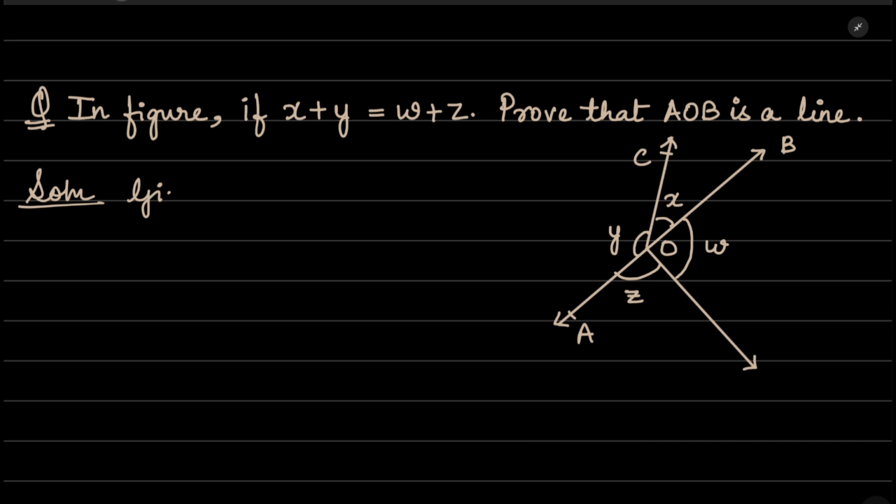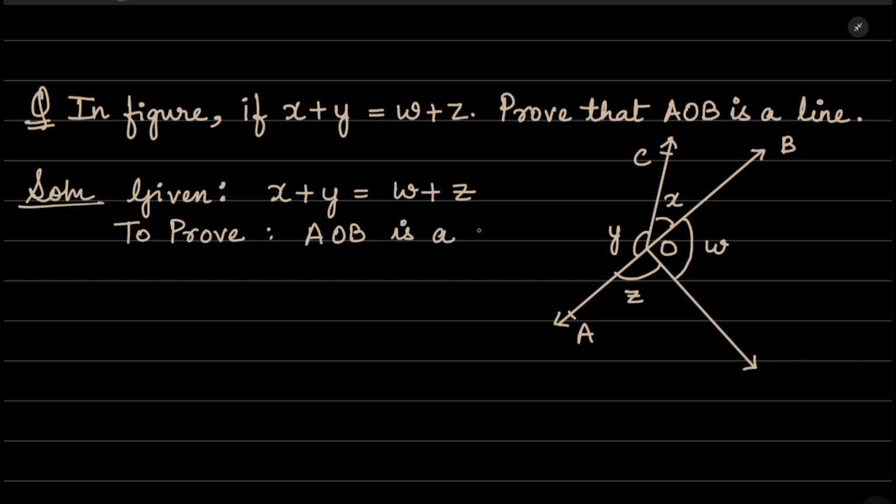You are given that x plus y equals w plus z. Then you should write what you have to prove: you have to prove that AOB is a straight line.